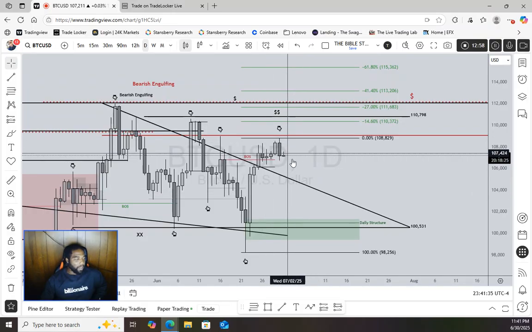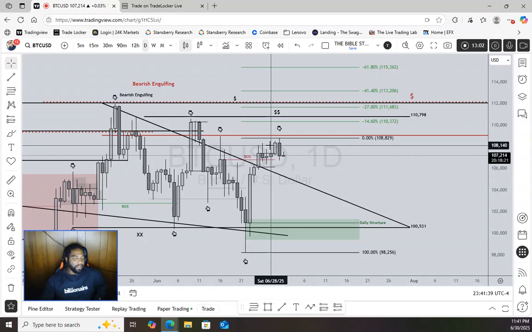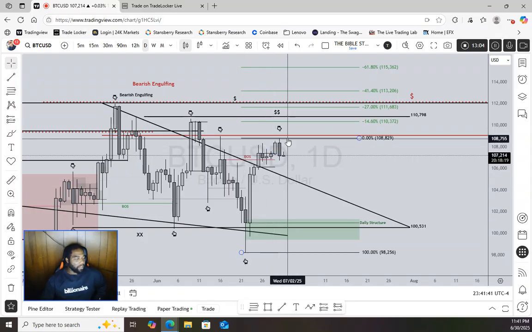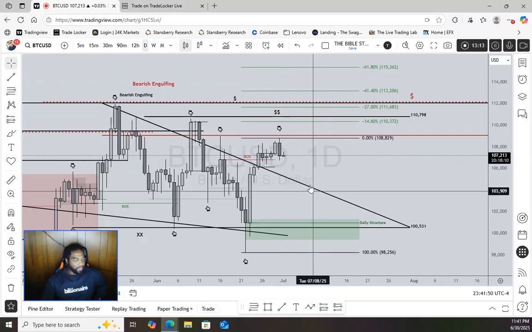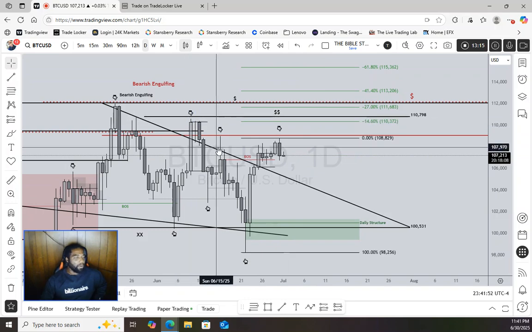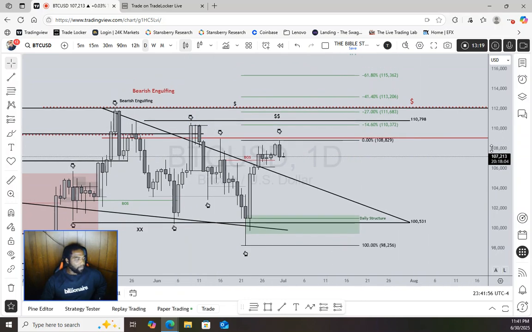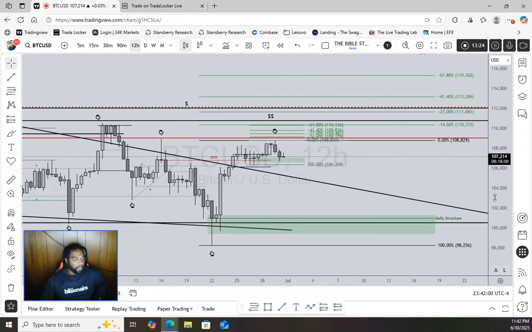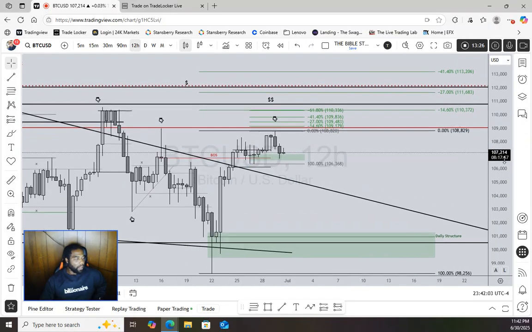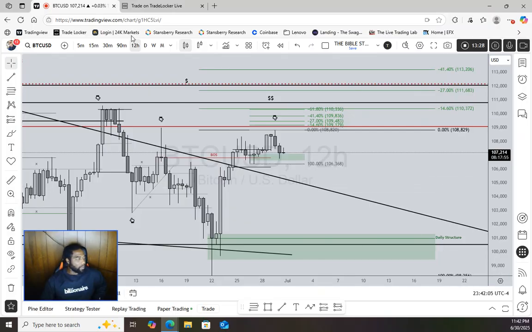You can anticipate a retracement because price is at a high of this expansion. And then, of course, with this bearish engulfing here, we now know that price is about to encounter a pullback. So that's how I'm looking at the market. That's how I'm analyzing current price action in real time. And that's just what it is, baby.